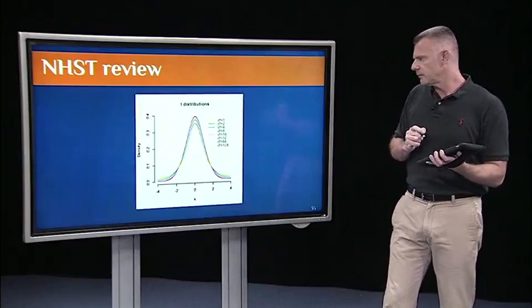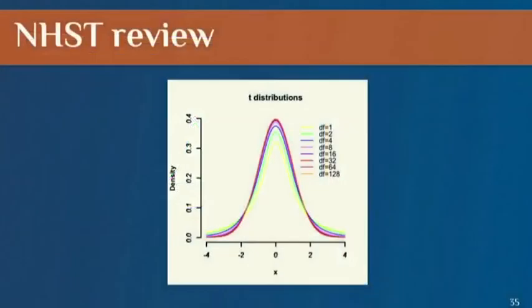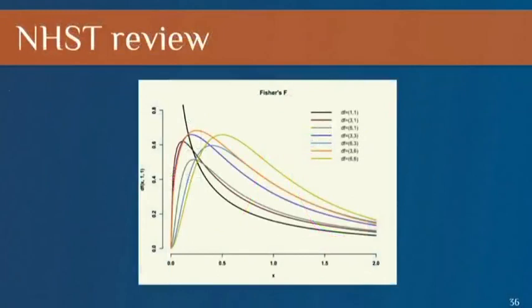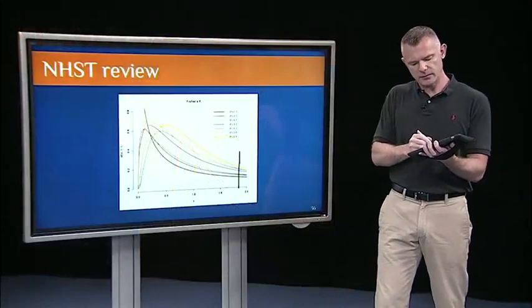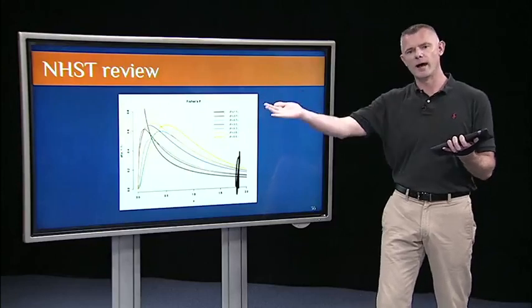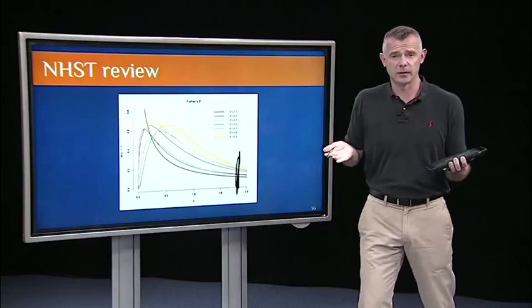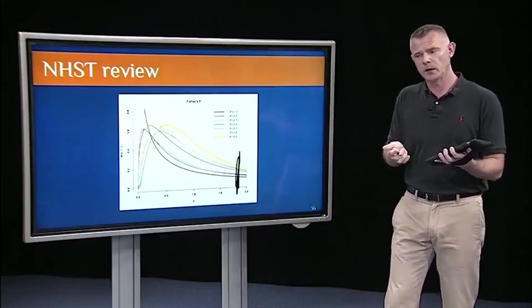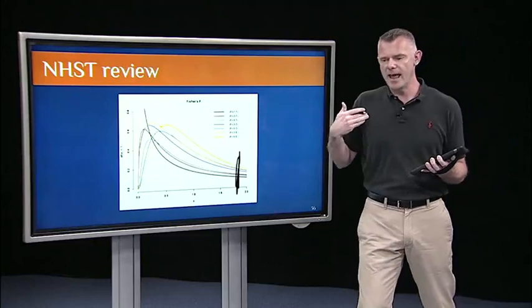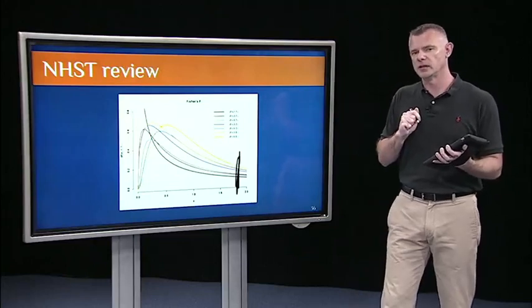What that means is if I have this family of t distributions or family of F distributions, if there's really nothing going on, if there's no effect, but say I just do the experiment over and over and over again 100 times, then 5 times out of 100, I'm going to get a fluky outcome, one that's way out in the periphery, and I'm going to claim that there's a significant effect, and that's a false alarm, right? Even if the null is true. So that can happen anytime we engage in NHST.